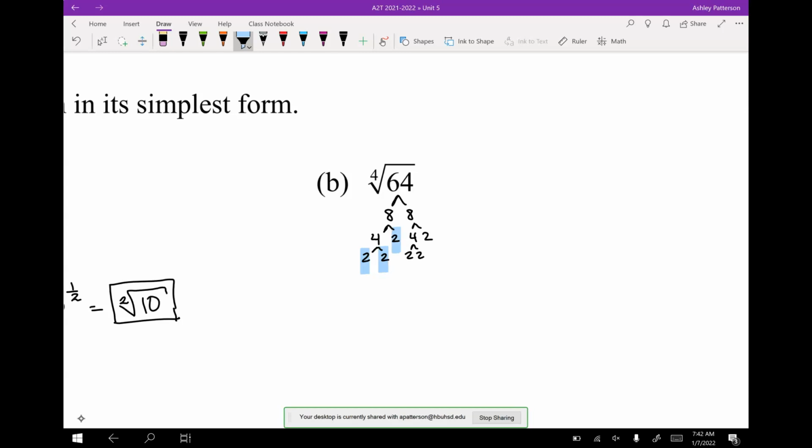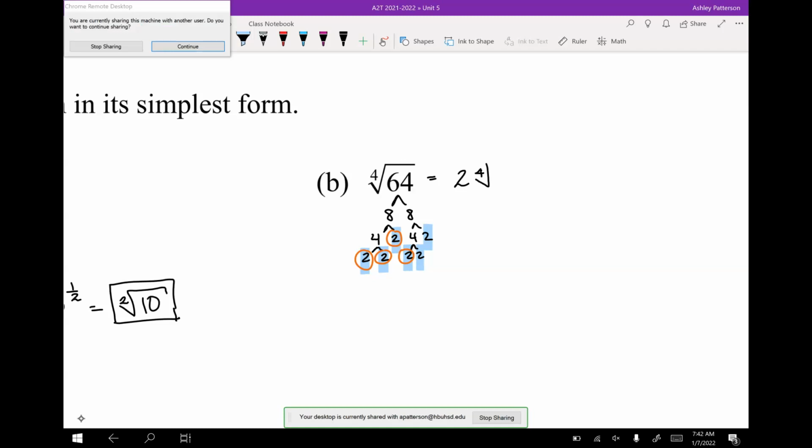A 2, a 2, a 2, a 2, a 2, a 2. And we need groups of what? We need groups of 4. So we've got 1, 2, 3, 4 2's. We can pull out one group of 2, and what's left underneath? Yeah, was Allie right? Sure was, nice job.